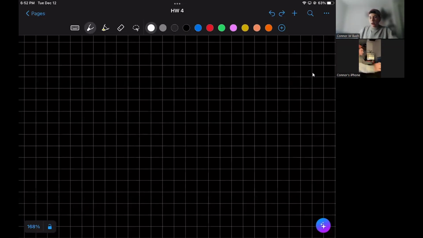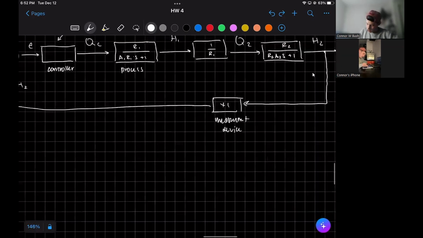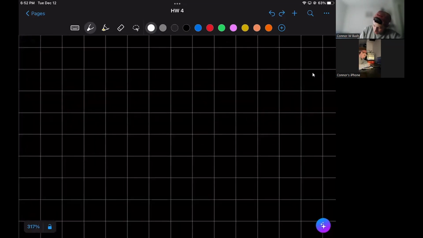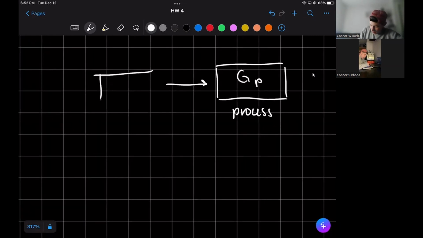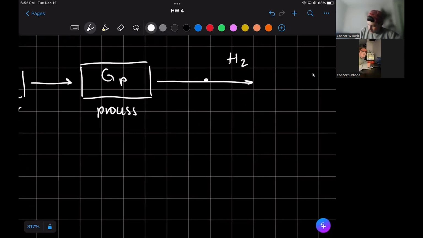Okay, so we're back on my iPad here. Simplifying what we had up here, this feedback loop situation. This is our process GP. The input here is coming from our controller GC. And then finally, this is giving us the output H2.